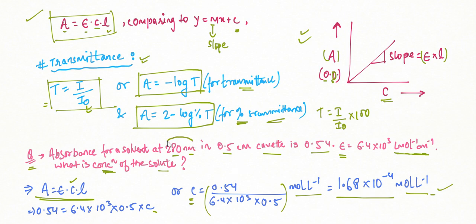Also the wavelength is mentioned over here. Basically guys, in this formula we don't need the wavelength, but it says the absorbance for a solvent at this wavelength. So at this wavelength the absorptivity will be constant because the wavelength is not changing. It is just mentioned for us to understand that the wavelength is constant.